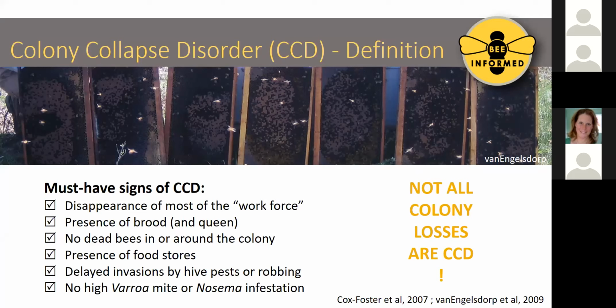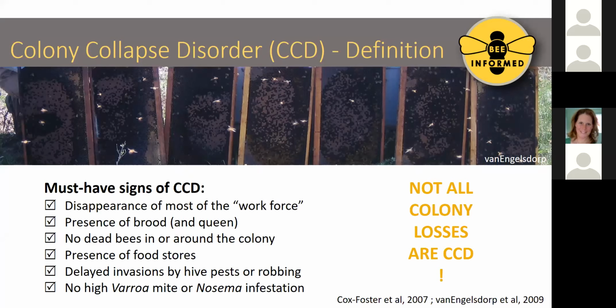The second, of course, was the absence of dead bees in the colony or apiary, as I said, probably due to altruistic behavior. The other sign was the presence of sufficient stores of honey and pollen in the affected colonies, meaning that they didn't lack food, they didn't starve.